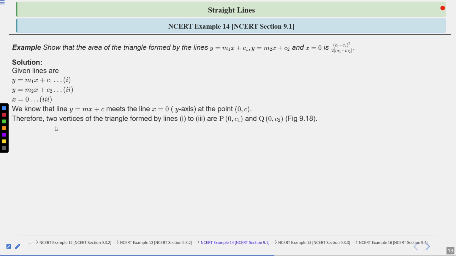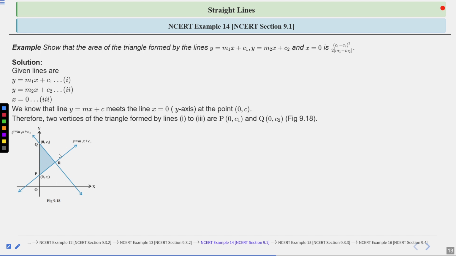Okay, so this line meets the line x equal to 0 at the point (0, c), and therefore two vertices of the triangle formed by lines 1 and 3 are basically P (0, c1) and Q (0, c2). Okay, this will be clear from figure 9.18. So see figure 9.18.